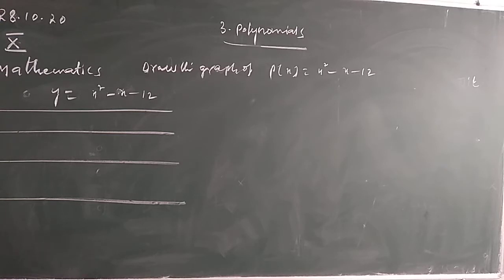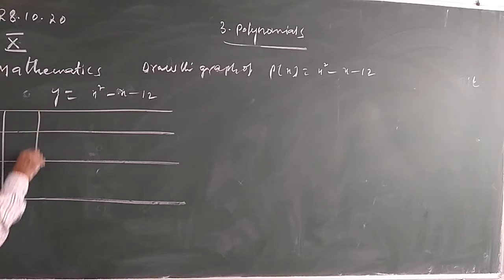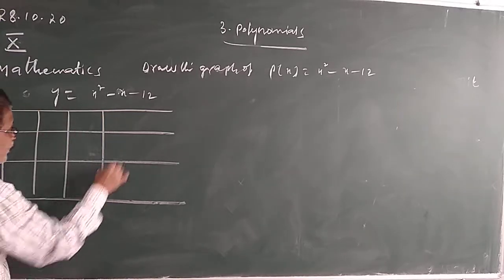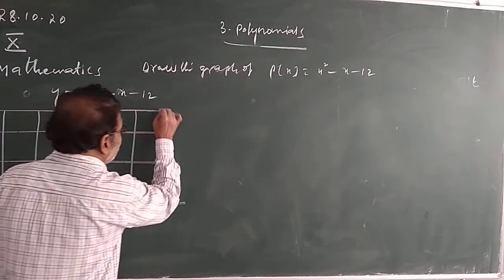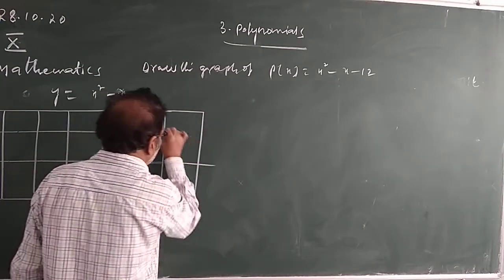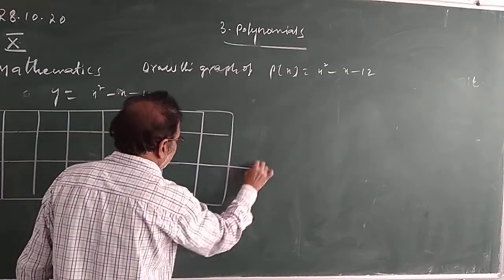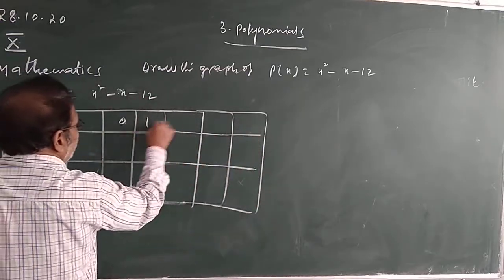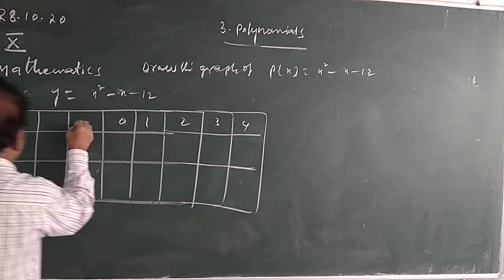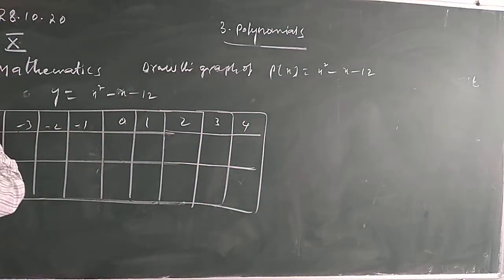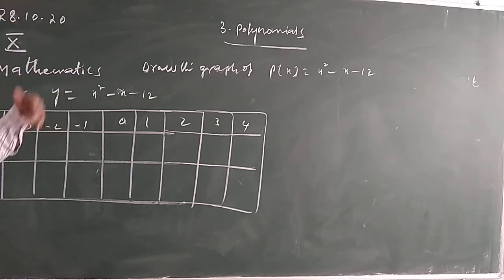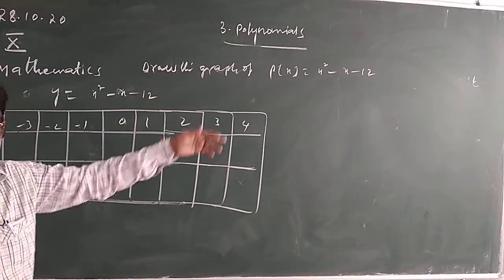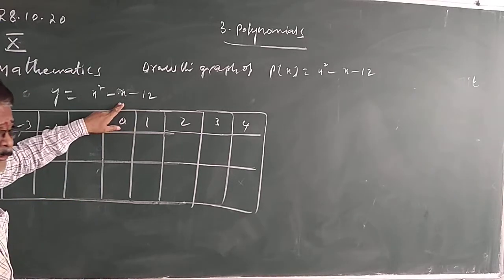This is x, this is y. 0, 1, 2, 3, 4; minus 1, minus 2, minus 3, minus 4: 4 positive values, 4 negative values. Substitute. In the first problem, I clearly showed how to substitute the values. Substitute the x value in this, we will get the y values.